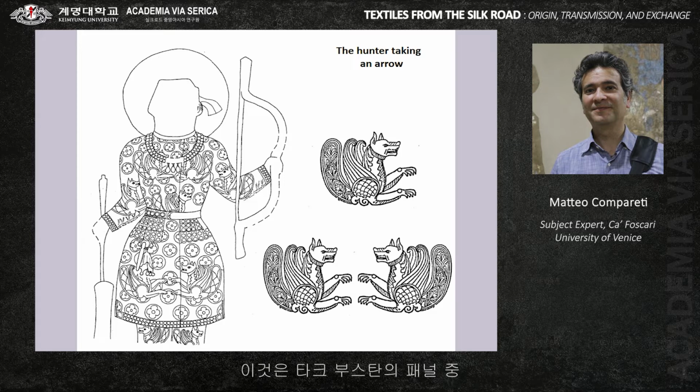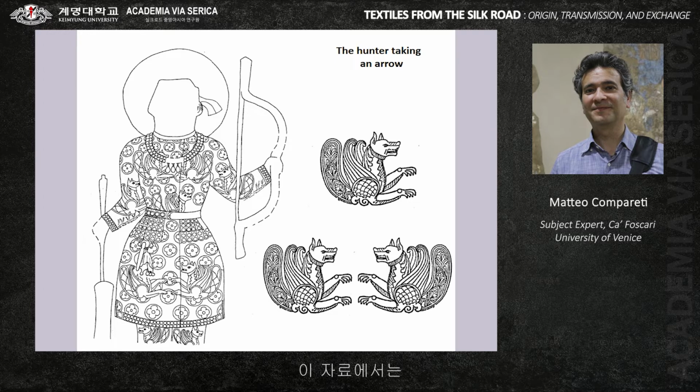And because this creature is present on this part of the panel in Taq-e Bostan, which is the wild boar hunting panel, we could probably think that here, in the first stage of construction of Taq-e Bostan, we could have exactly what the Mujmal al-Tawarikh told us. That is, as I told you before, a written source dated to the Islamic period, the 12th century. So we have to be very careful when considering this source, but it's the only one we have.